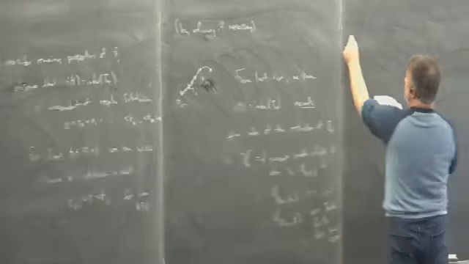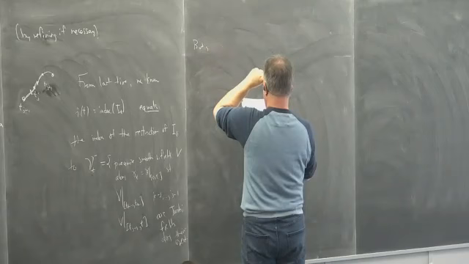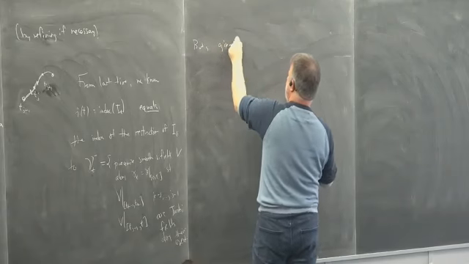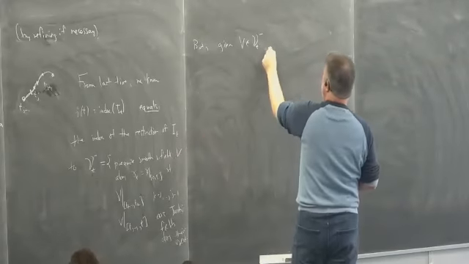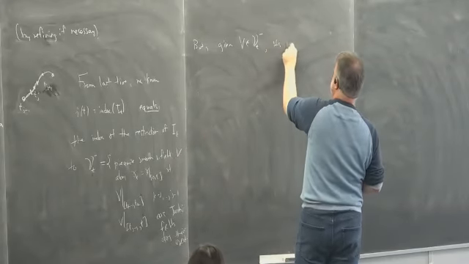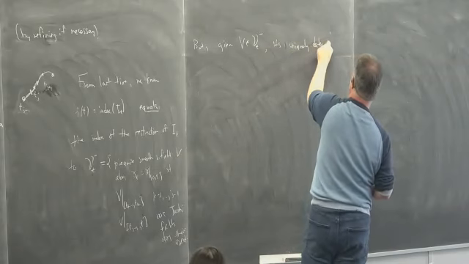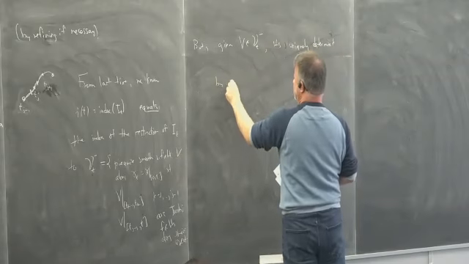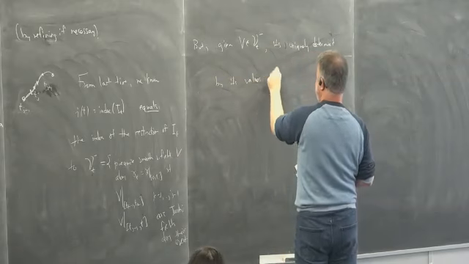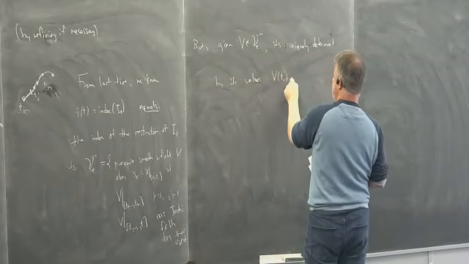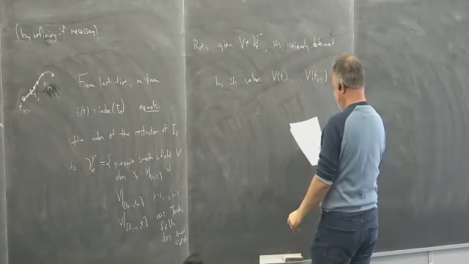But given a vector in VT minus that has these properties, it's uniquely determined by its values V at T1 up to V at Tj minus 1.